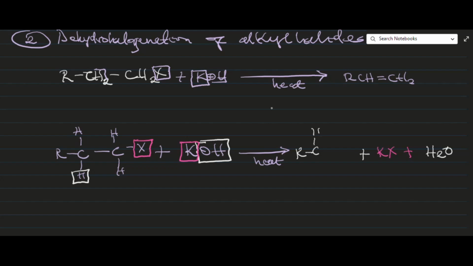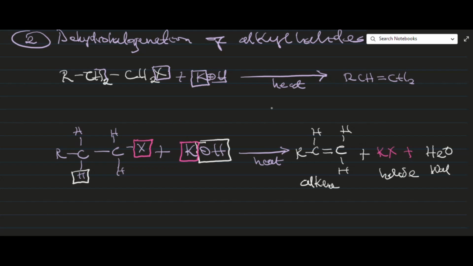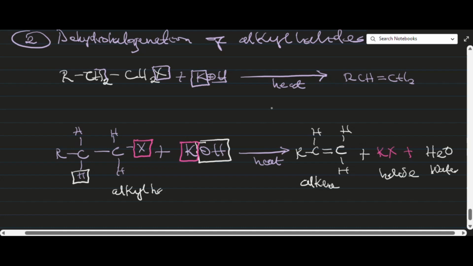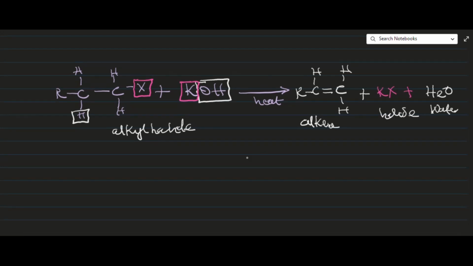So it's going to be RCH double bond C. We have the two hydrogen atoms here left. So this is our alkene. We have our halide, and then we have water as the product here. And this is our alkyl halide. So that is how we get alkene from alkyl halide.